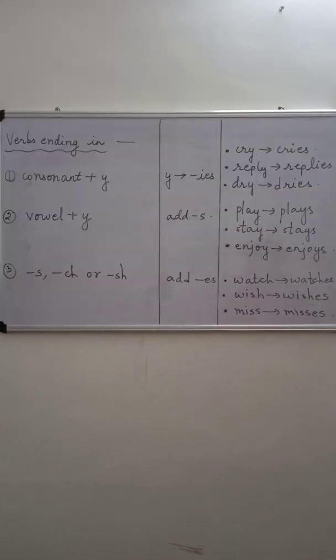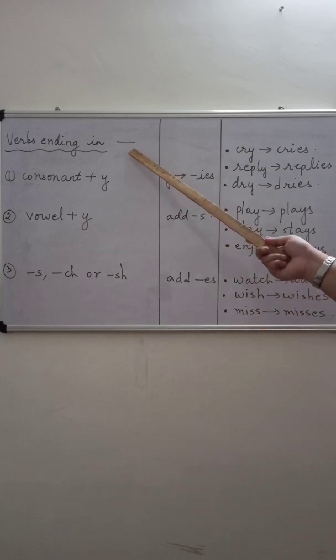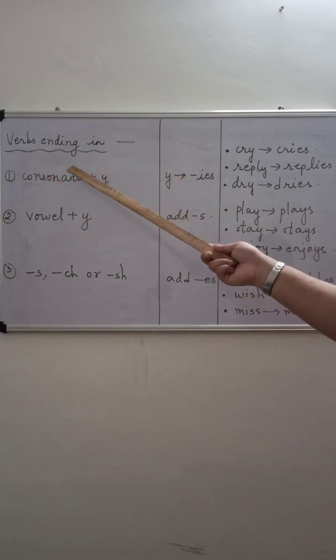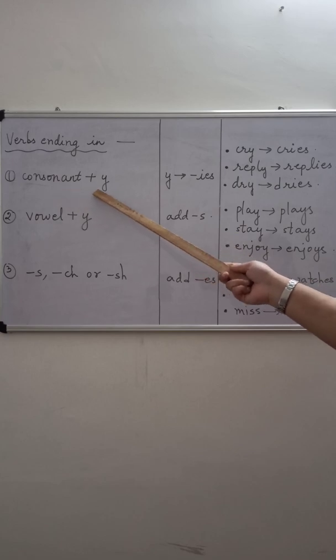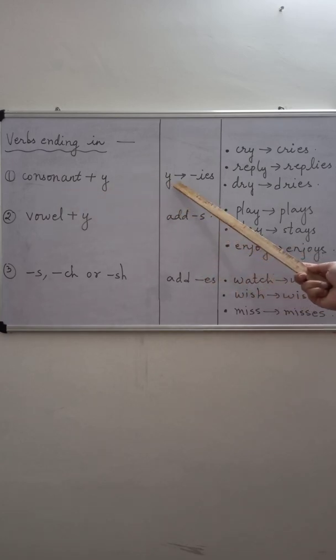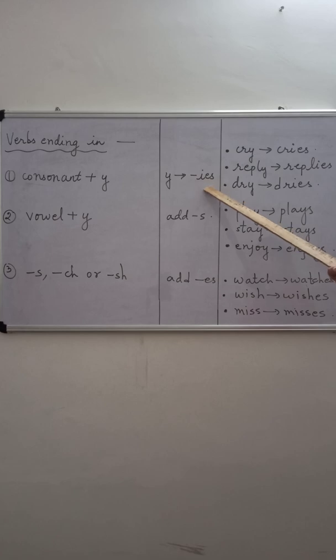Now let us see how to form simple present tense form of the verbs ending in Y. If the verb ends with a consonant plus Y, then Y changes into IES in the simple present tense form. For example, cry.